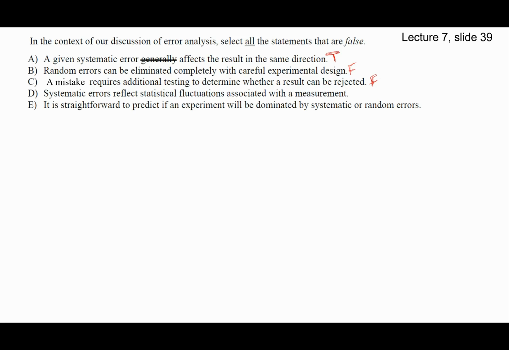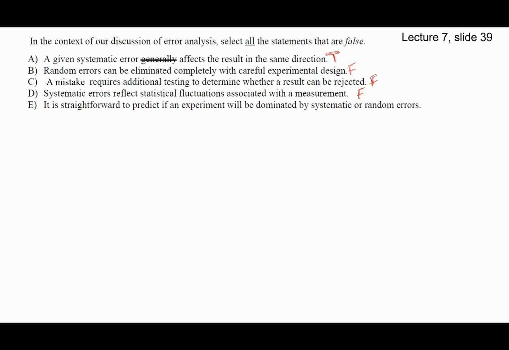Okay, D. Systematic error reflects statistical fluctuations associated with a measurement. Remember, systematic errors are not statistical, right? You have a shorter measuring stick, or something like that. It's systematic. Random errors reflect statistical fluctuations. So this would be false.